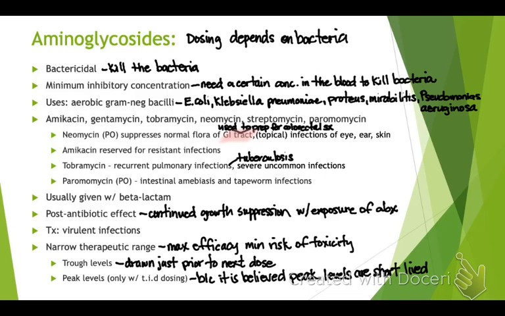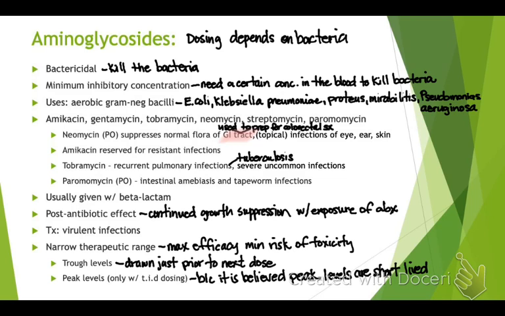And your paromomycin is also a PO antibiotic, and it's for intestinal amoebiasis and tapeworm infections. Those are what we would use paromomycin for. They usually are given with a beta-lactam.